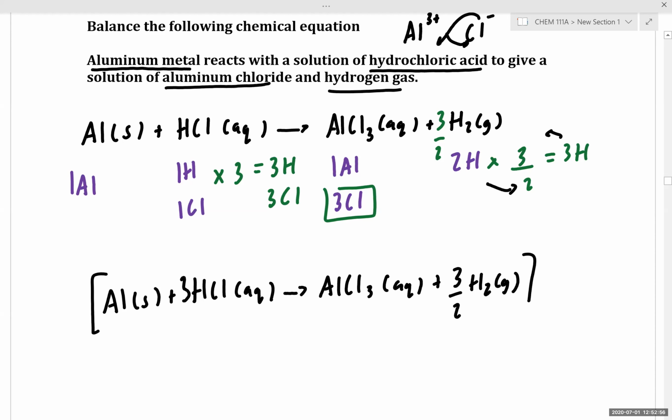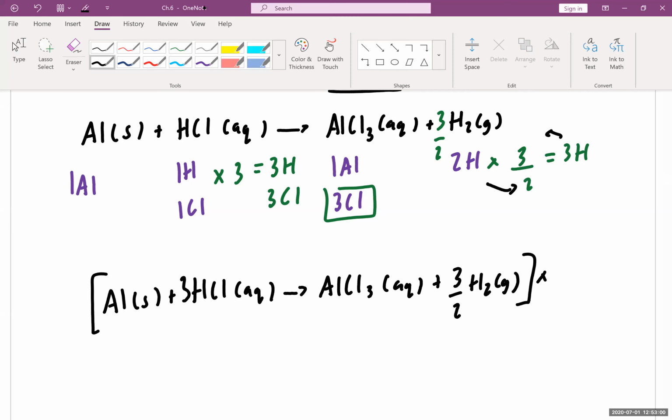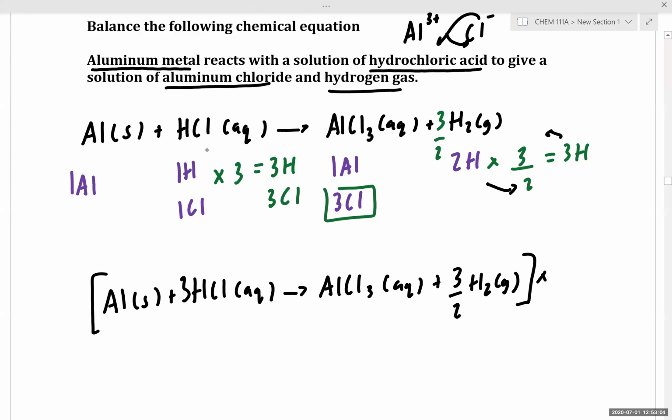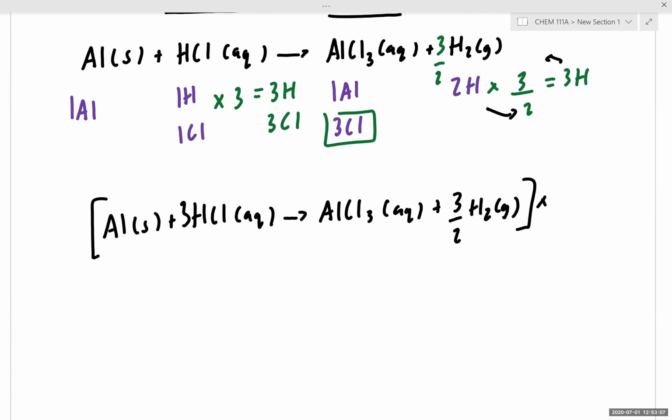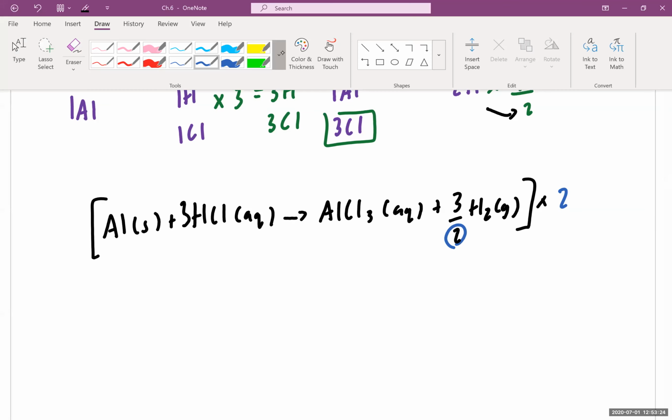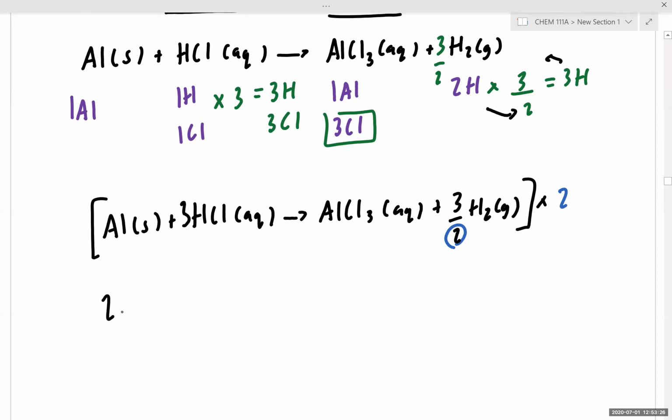And now what we do is we multiply all of our coefficients by a common whole number. Now, what whole number should we pick in this case? Two, yep. That gets rid of all of our fractions, and we're left with the following completely balanced chemical equation.